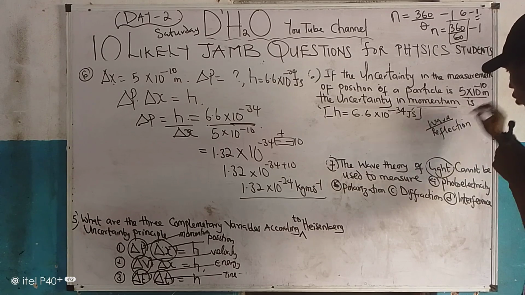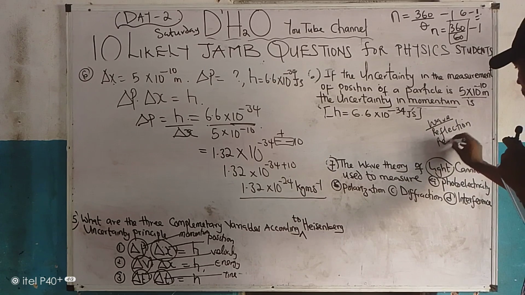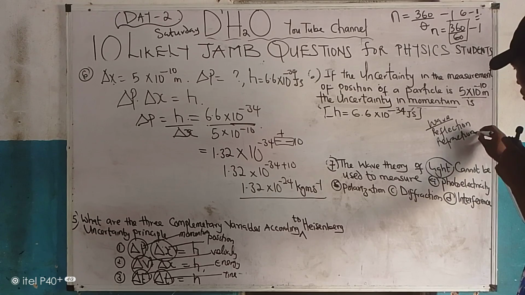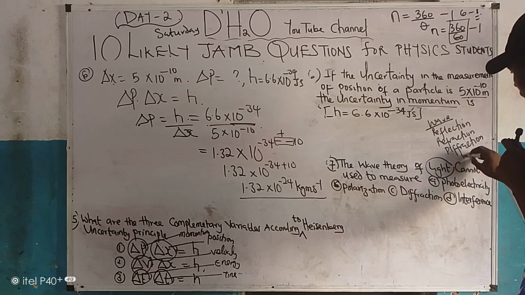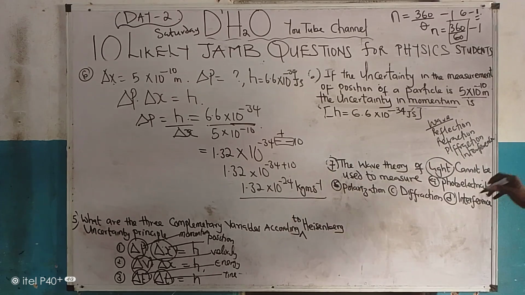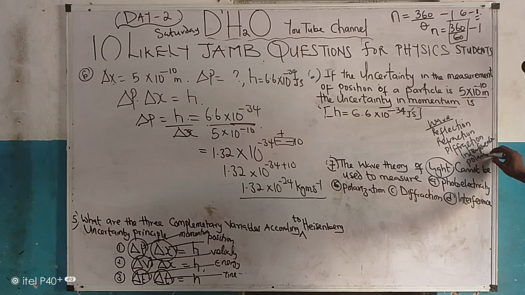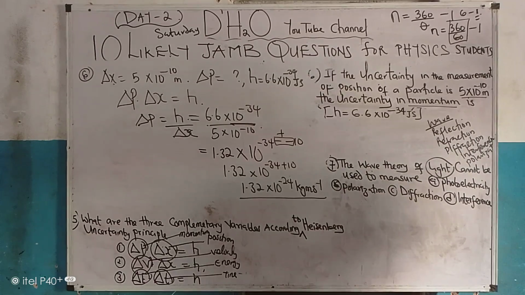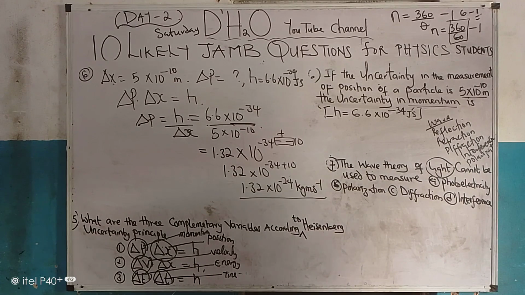Take your book and your pen, write it down. Number 2, refraction. Number 3, diffraction. Number 4, interference. Number 5, polarization. These are the properties of wave. So the evidence that shows that light is a wave is the fact that light can exhibit these properties.